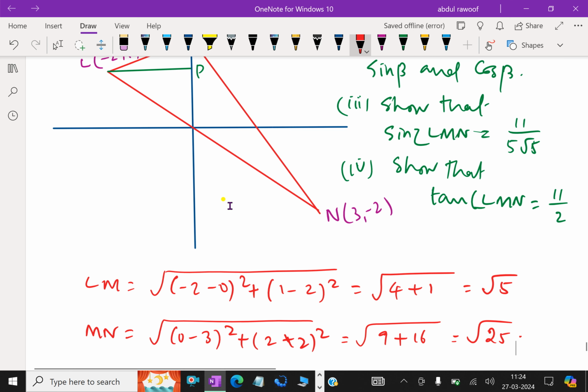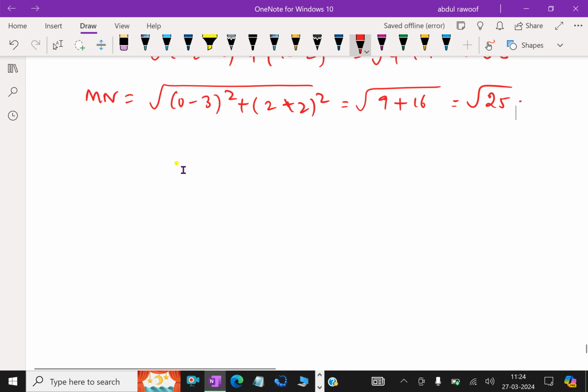MN is 5, and now LN. LN is the square root of minus 2 minus 3, the square, plus 1 plus 2, the square.